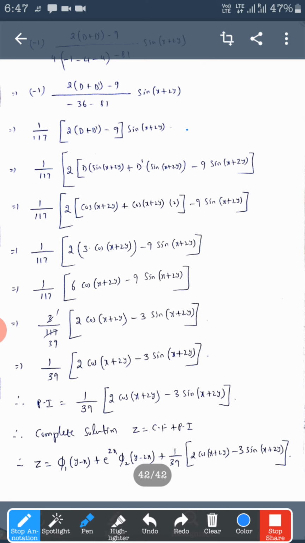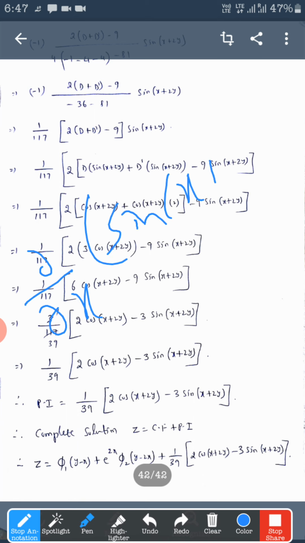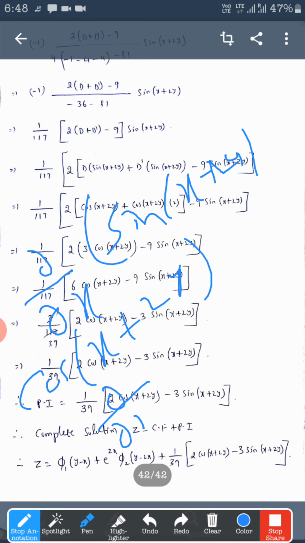After multiplying this sine of x plus y to these two terms, 2 into D plus D dash into sine of x plus y minus 9 into sine of x plus 2y. Therefore, D of sine x plus 2y, capital D means dou by dou x. That is dou by dou x of sine x plus 2y, which means cos of x plus 2y into dou by dou x of x plus 2y.